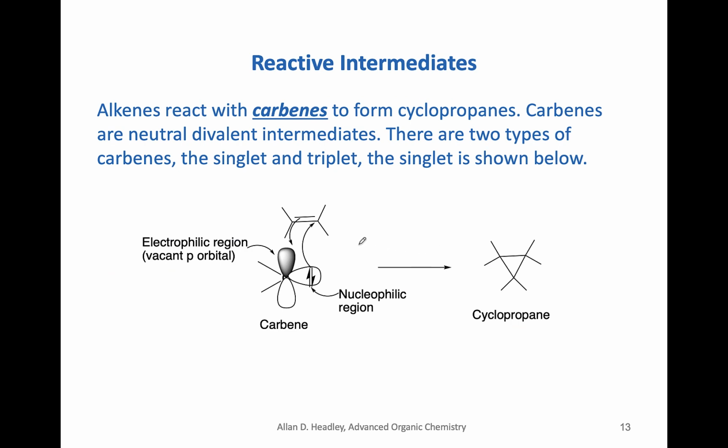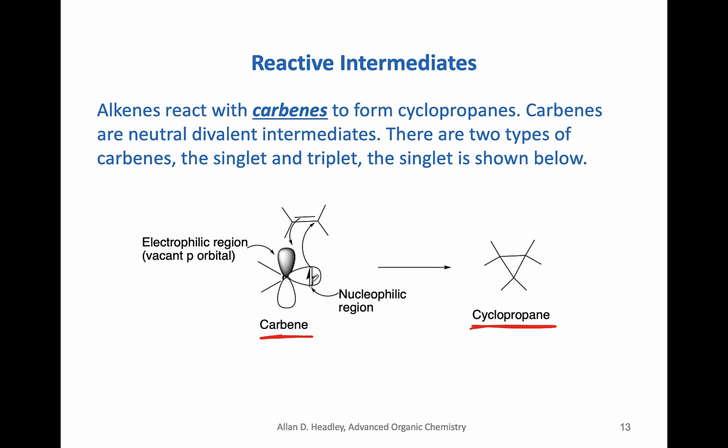And here is another type of intermediate that's formed here. You may recall again that if you have an alkene, a carbon-carbon double bond, it can be transformed into a cyclopropane. The intermediate that's used, or that's part of this reaction, is the carbene.